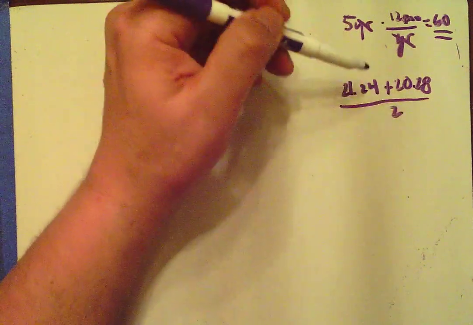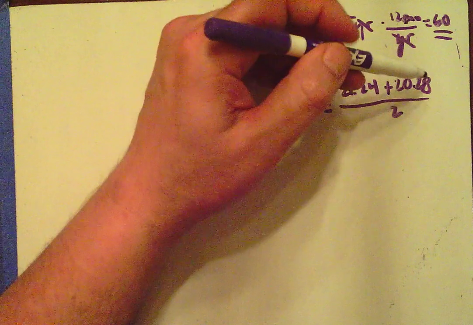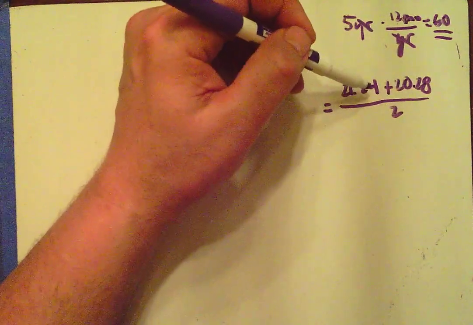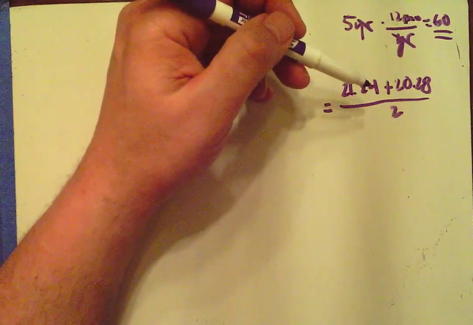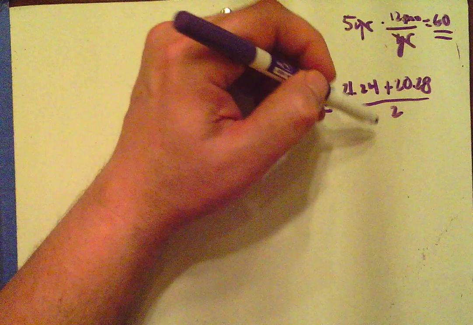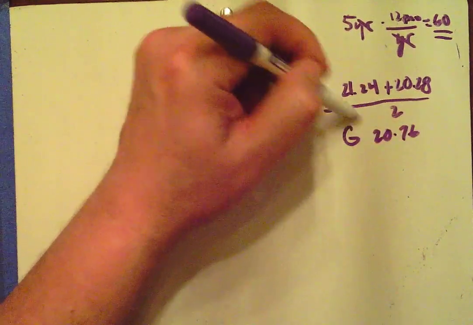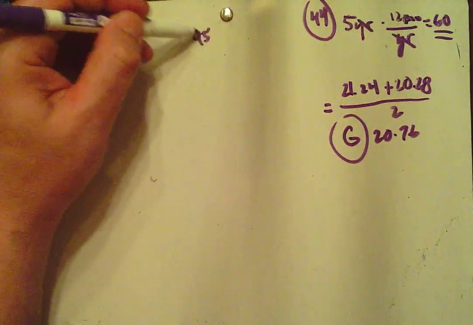And if I average those two numbers, I want to average the 10% and the 8%. What would the average of those two be? I think this might be a good estimate for what we might end up paying at 9%. And when I do that, I get choice G, 20.76, for number 44. 45.